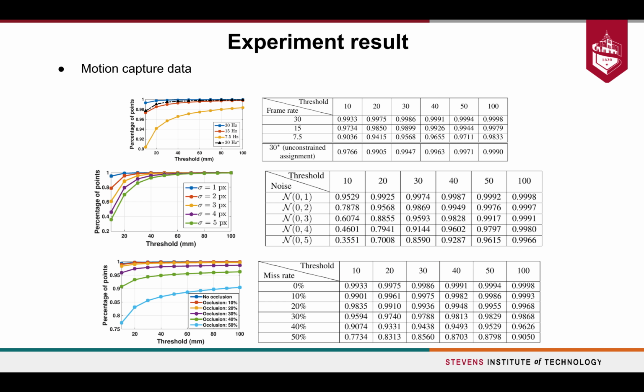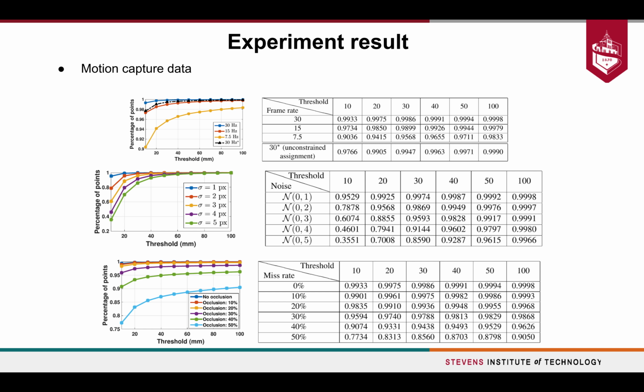Then he does some experiments on the motion capture data. This motion capture data is at 120 frames per second. They try to downsample into 4 cameras, so each camera is about, and make the cameras unsynchronized. So each camera is 13 frames per second. And he tries to do experiments in different conditions. First, with different frame rates.